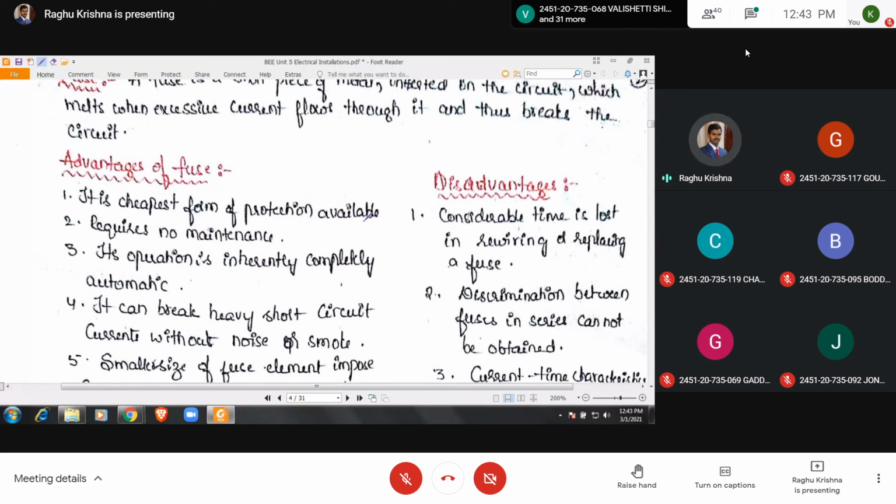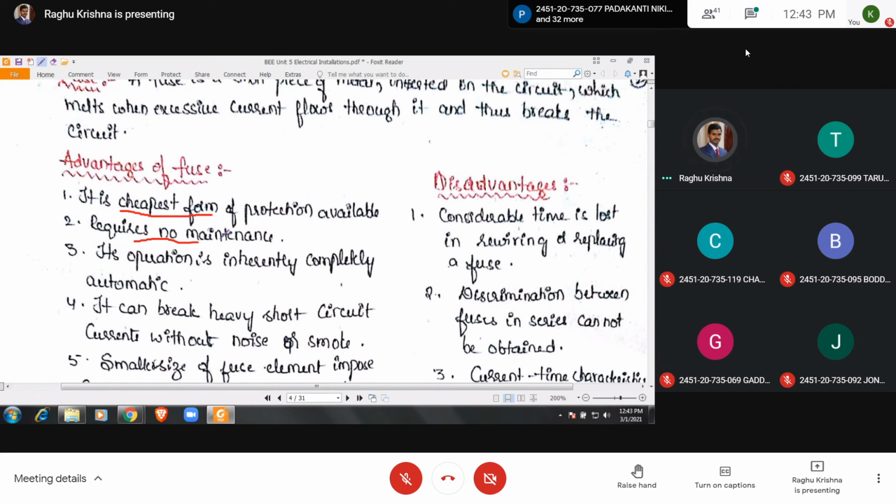So this is the cheapest form. If you compare the cost between the fuse and the MCB, a fuse is much cheaper than an MCB. Next, it requires no maintenance.